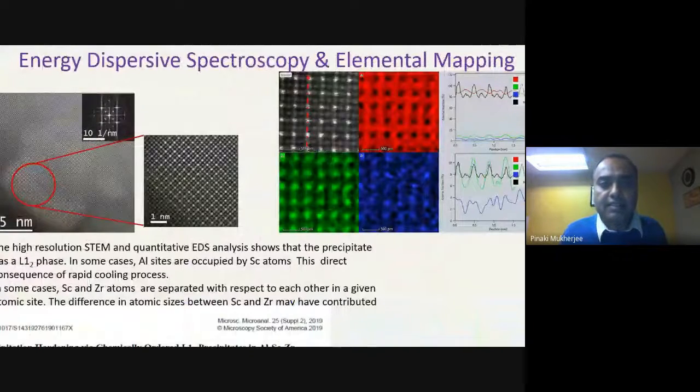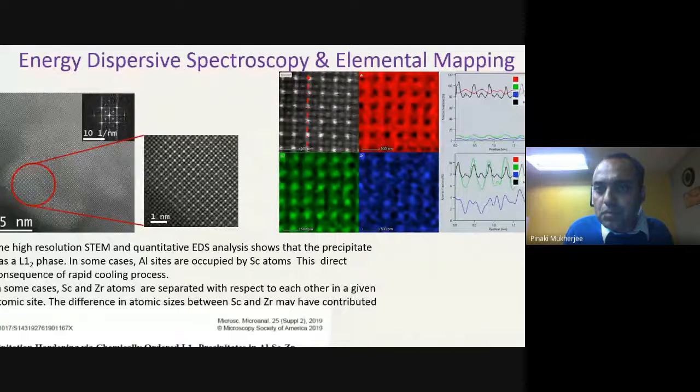And here is that example again. So as I said, we can do atomic resolution X-ray mapping. And as I said before, at the corners there are scandium atoms, and at the center and the face there are aluminum atoms.